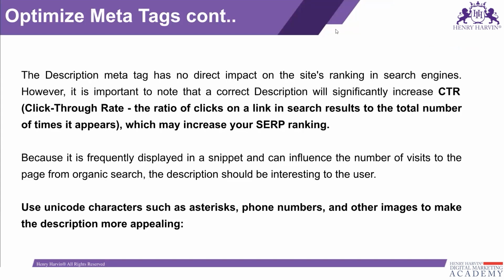And sometimes you can also use Unicode characters like asterisks, phone numbers, if your business or your service is related to that. In a particular category, you can use phone numbers. And images, I don't think you can mention images in the meta tag. You can only use text content. Okay, so you can use phone numbers and Unicode characters if you find them relevant to your particular services, product or industry.